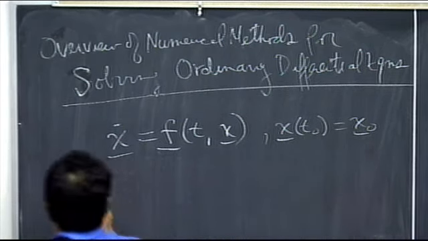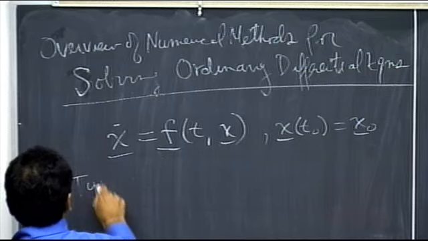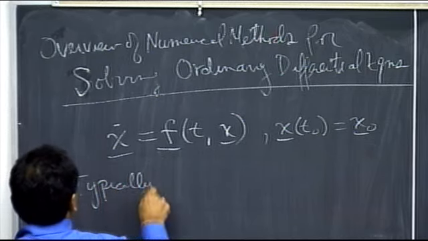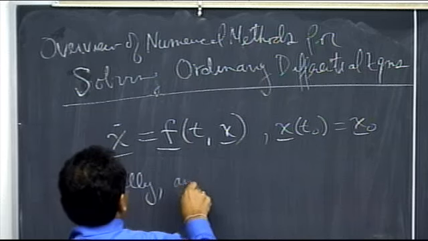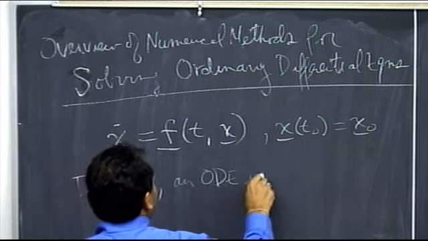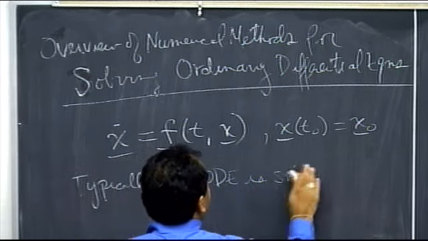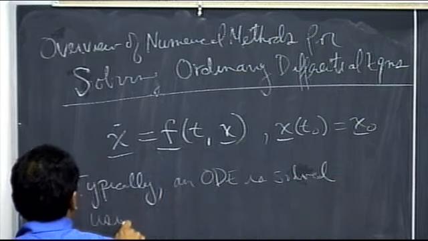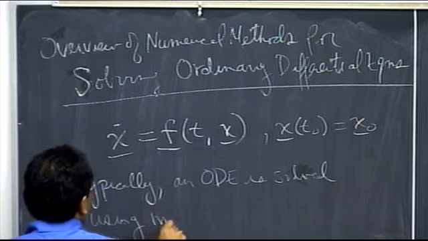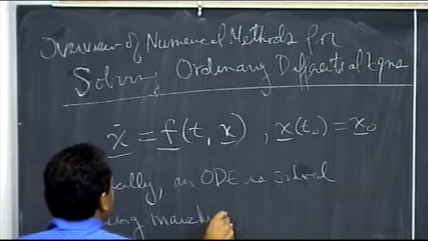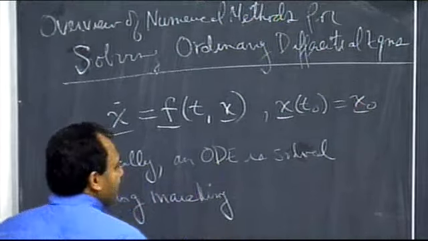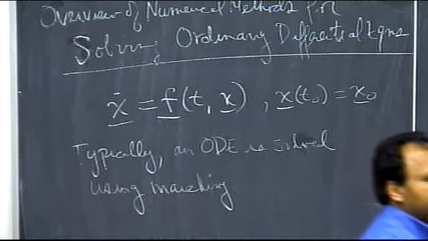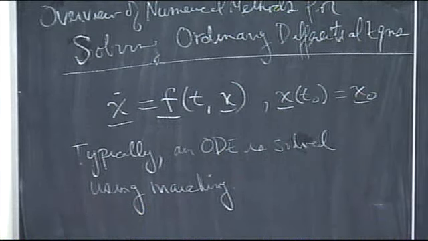Okay, so typically an ODE is solved using what's called time marching, or just marching. And marching is exactly what you think it is. It's taking a step, taking another step, taking another step. But the question is, how do you take that step?